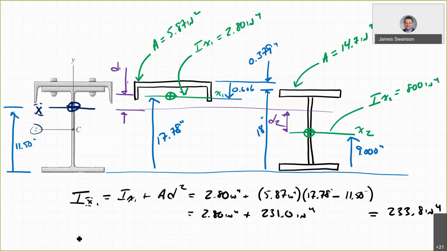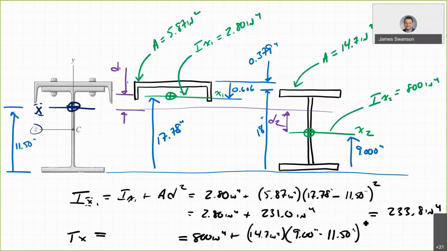Okay, and then I'll do the second one. The windows are popping up on me when I try and write down here. That's a problem. All right, here we're going to have 800 inches to the fourth plus A. A is 14.7 inches squared times the distance, and the distance now is going to be 9 inches minus 11.5 inches.